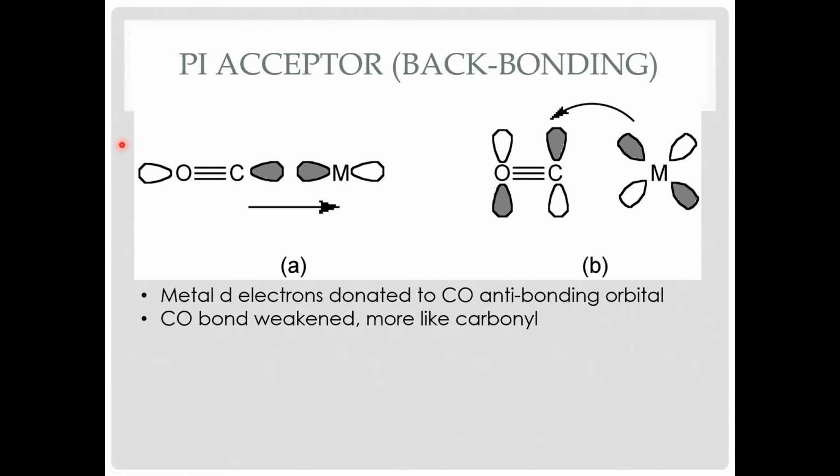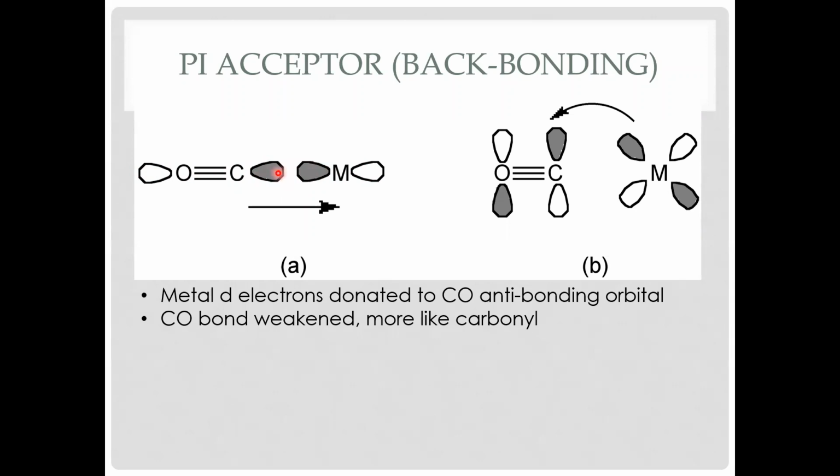Looking at the left-hand side here, we can see the sigma donation. Here's the metal. They're showing a p orbital, but it could also be the DZ orbital if this were on its side, or the x squared minus y squared orbital. Could be any of those. So this comes in and we have the lone pair coming off of the carbon interacting here.